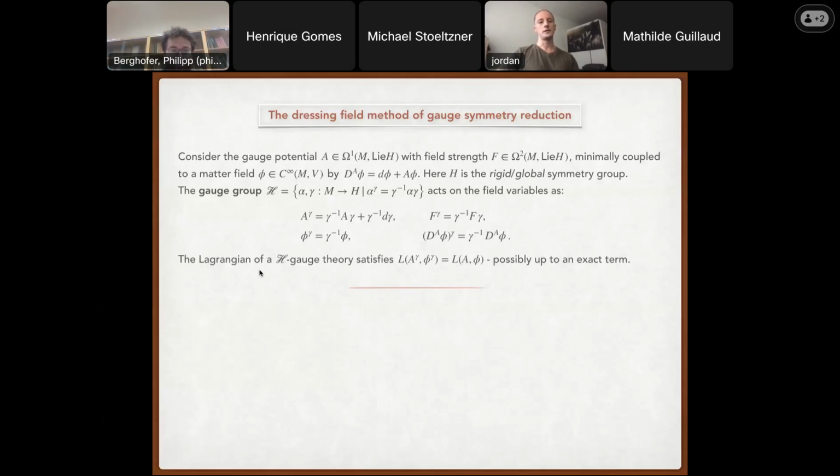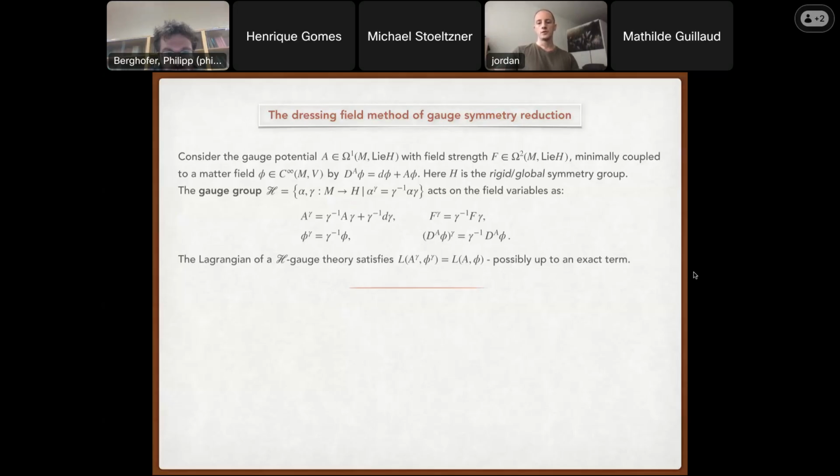And the dynamics is given by the selection of a Lagrangian functional, right, which is required to be gauge invariant under the action of the gauge group, meaning we have this equation that must hold possibly up to boundary terms and exact terms if you are interested rather in the invariance of the action rather than the Lagrangian. Fine, so that would be the basic setup, right? The kinematics here and the dynamics given by the Lagrangian.